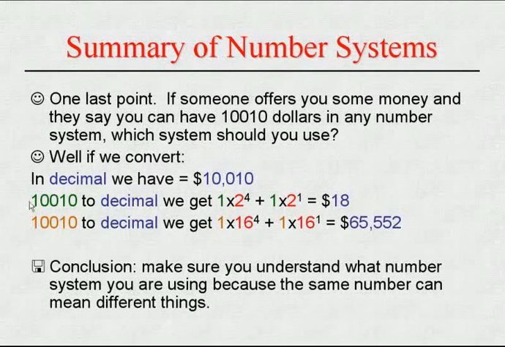So the same number in binary would actually be worth less. If we take that same number in hexadecimal, convert it to decimal, we see it's worth $65,552. So really, hexadecimal is a very dense number system. And it's dense because it has 16 base states, whereas decimal only has 10. So we're able to squeeze in more values for a specific number.